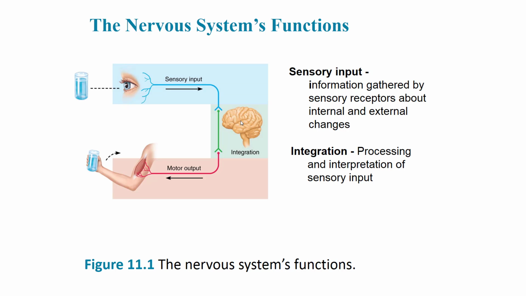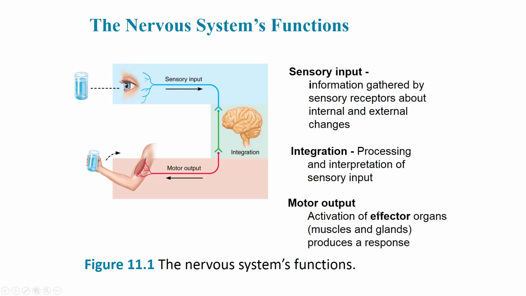It is now the processing and interpretation of the sensory input. And finally, you have a motor output, which will be activating the effector organs, the muscles and the glands, to produce a response. And right here, your response was to pick up the object, which is a glass of water.